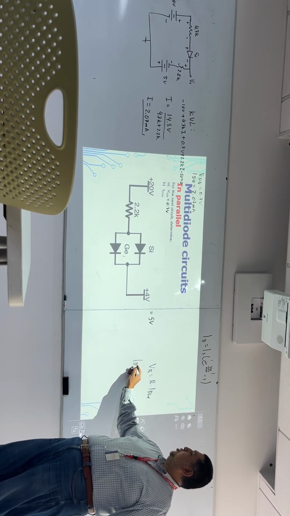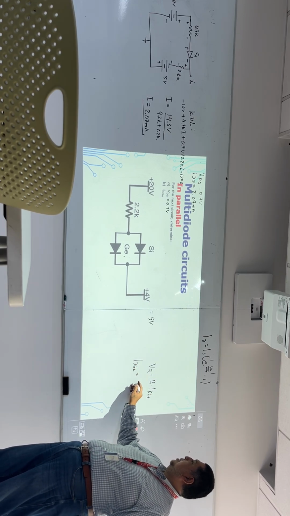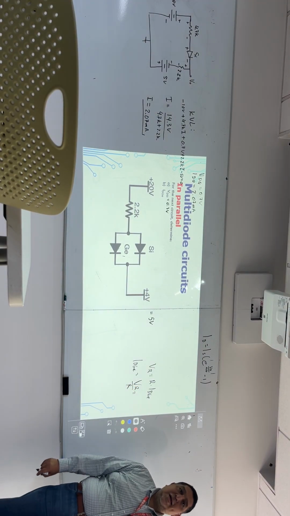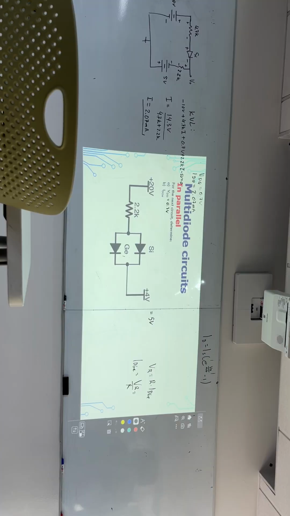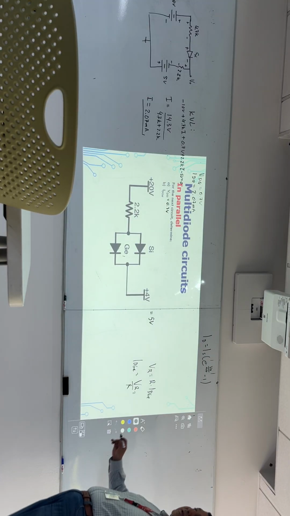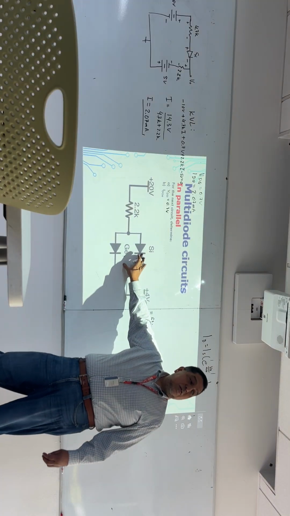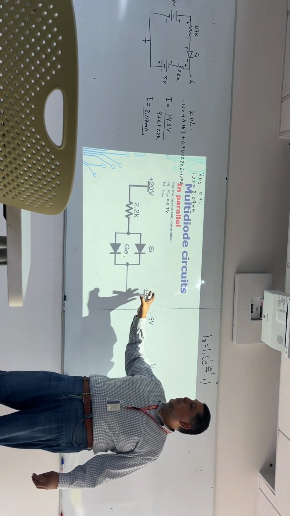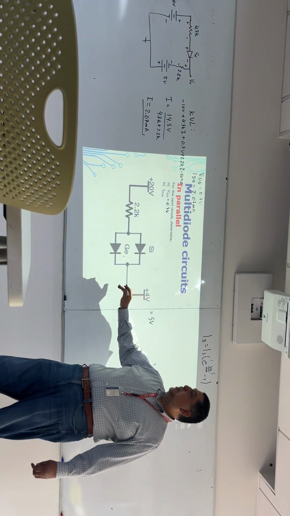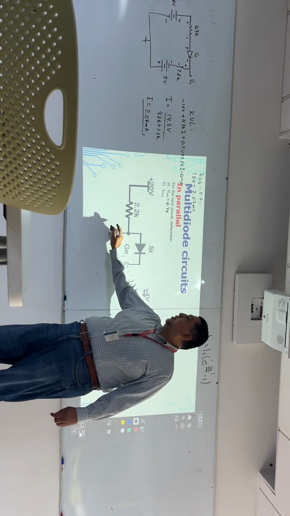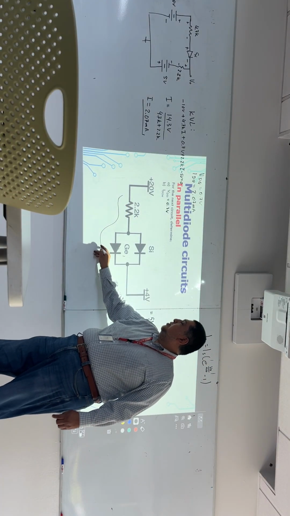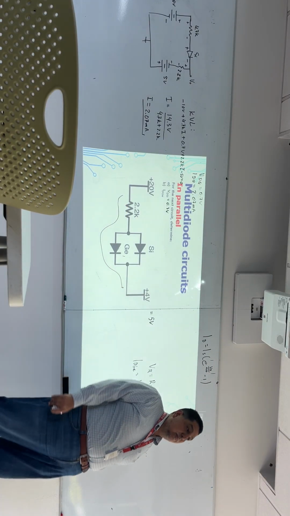So IDGE is VR divided by R. Now, how can I get VR? Again, the current flows from the highest voltage down to the lowest voltage. Even though both voltages are positive, 20 is greater than 4, so I have a current flowing this direction.